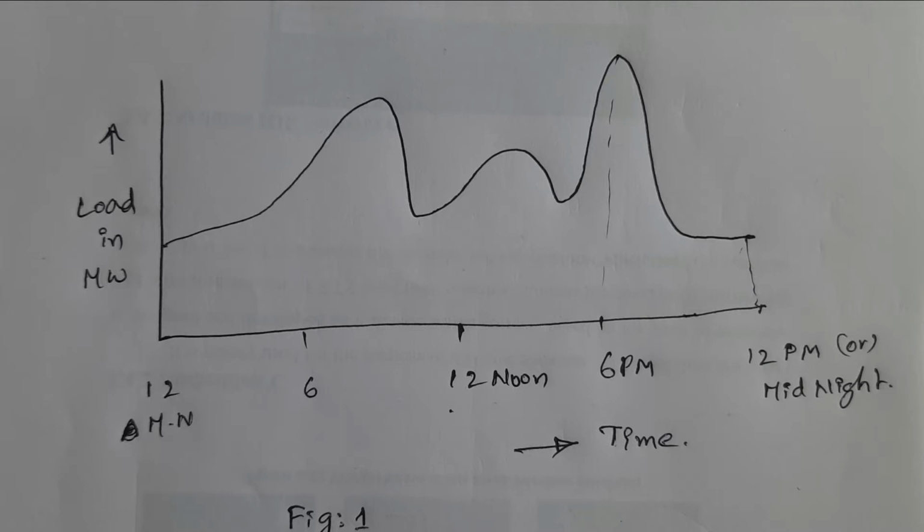Such a clear representation cannot be obtained from tabulated figures. So you can see the diagram, then you can easily understand. According to this, you can understand the load curve.